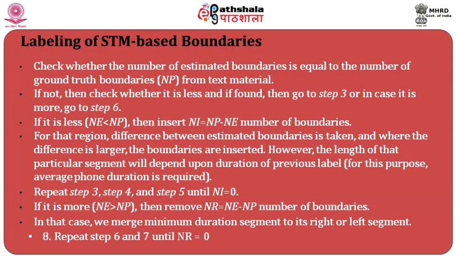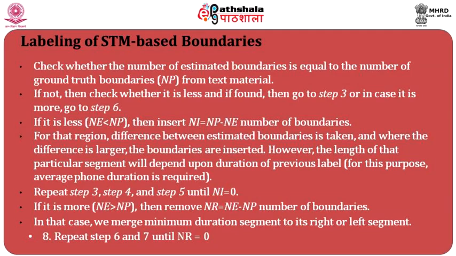In this step, the phone or syllable boundaries are estimated automatically. The block diagram for generating the segmented labeled file is shown, which you can see. So firstly, to align the estimated boundaries with the exact number of text, these steps are followed.